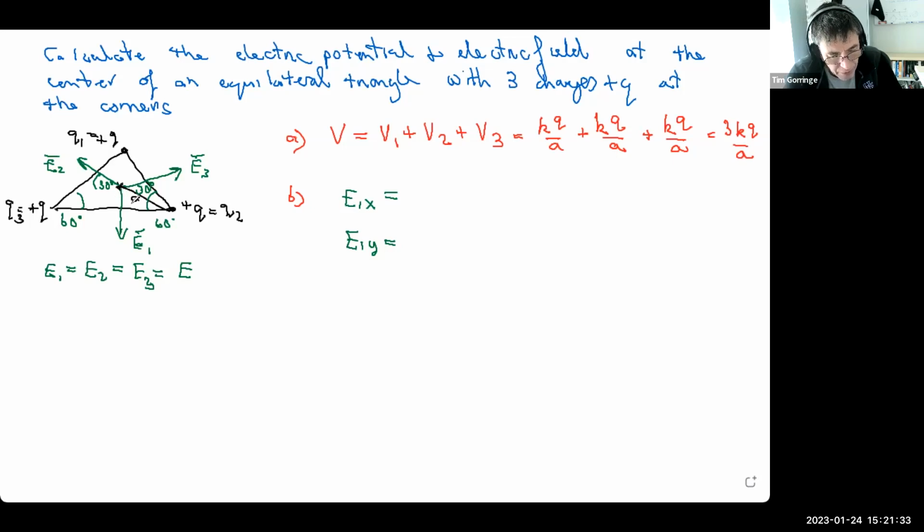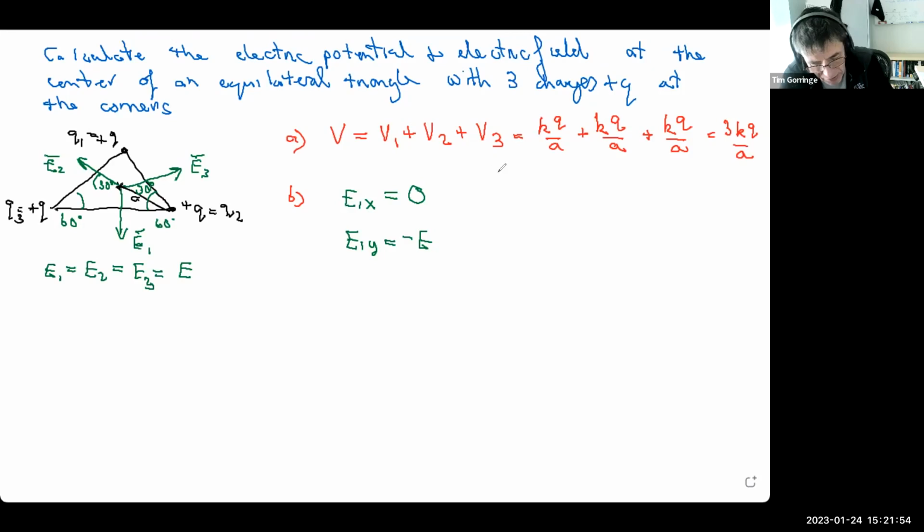The field is vertically downwards. So there's no X component. It's all in the downwards Y direction. I'll call that the negative direction. The field is minus E in the Y direction. And so that's the first charge.